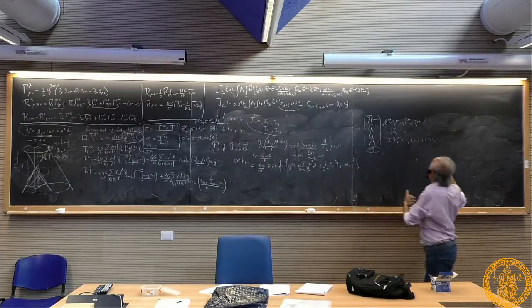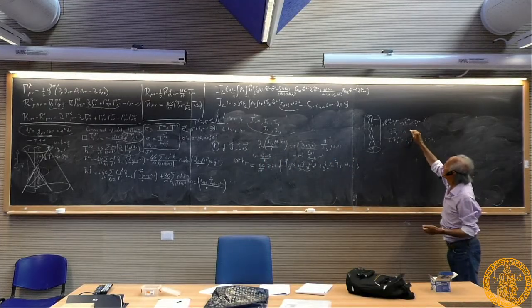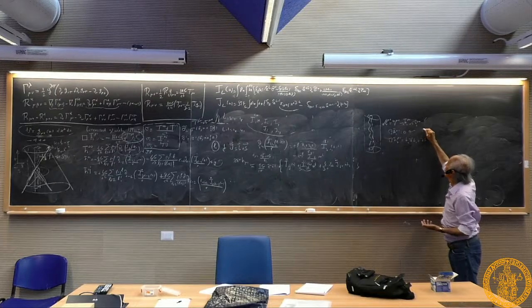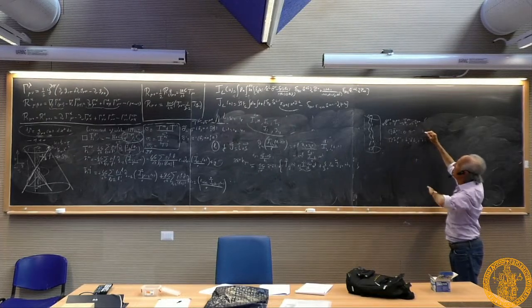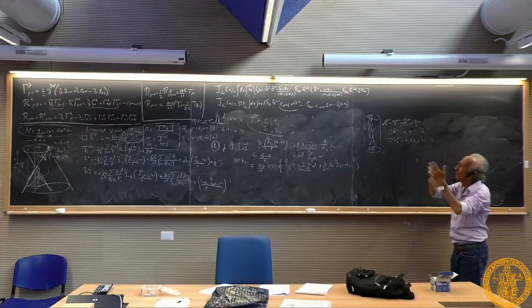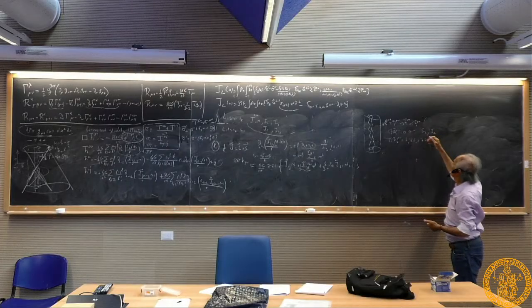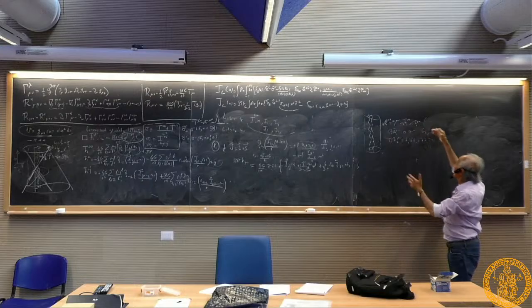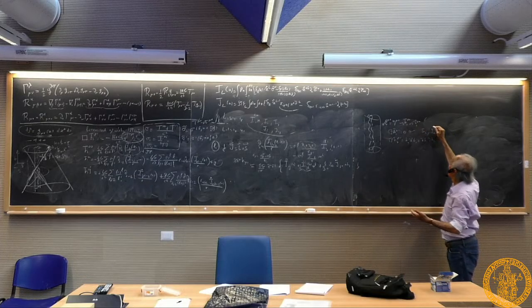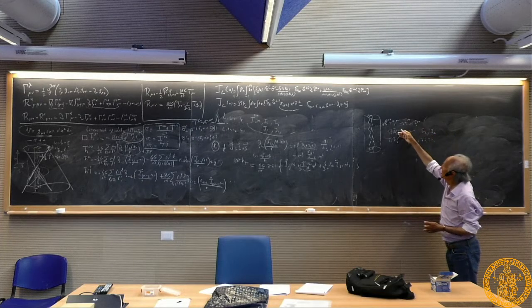And then you can parameterize the solution in terms of multipole moments. In the formalism you have to call them differently, but let's say you introduce two sets of multipole moments, IL and JL, and it parameterizes h1.